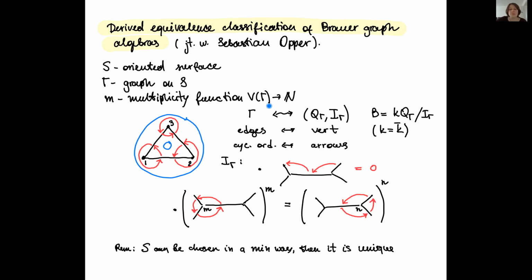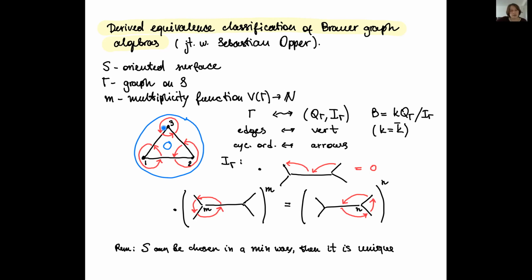And to this data, we can associate a quiver with relations, so Q gamma and I gamma. Then any Brauer graph algebra can be constructed as a path algebra with this relation. So B will be the Brauer graph algebra, and I'm considering only algebraically closed fields. So how do we do the construction?